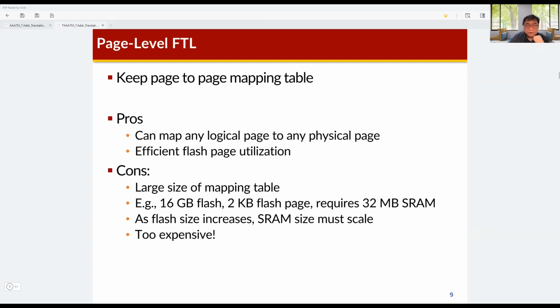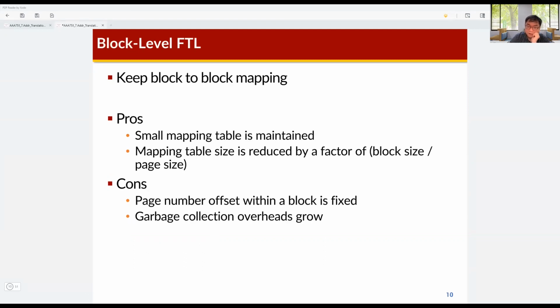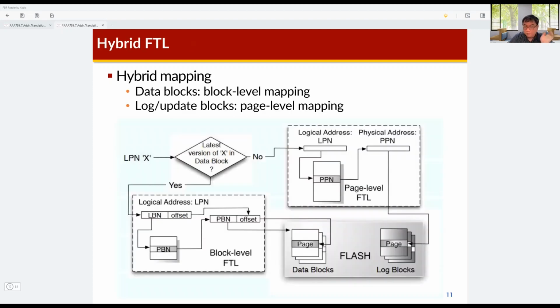Okay, so we learned about the page level FTL, page level mechanism, and then block level mechanism. I repeatedly explained the advantages and disadvantages of these two kinds of mapping mechanisms. So we learned about the hybrid FTL. Okay.